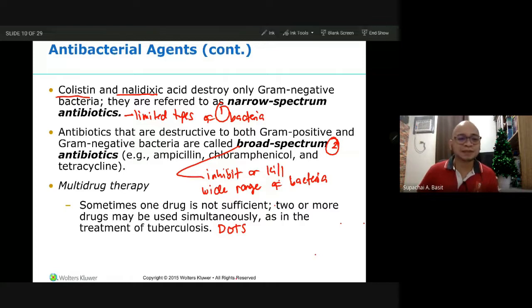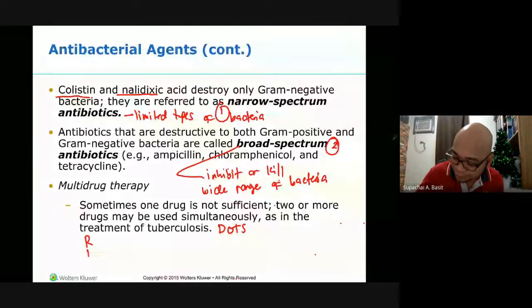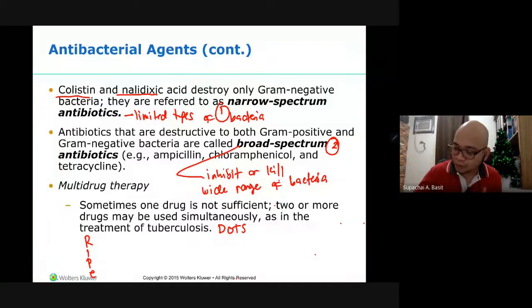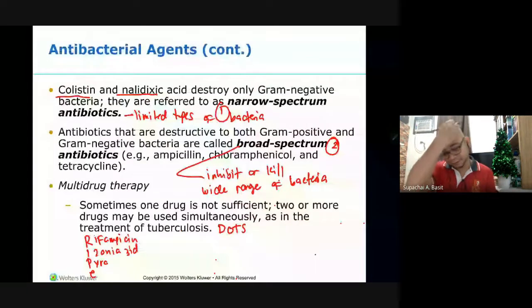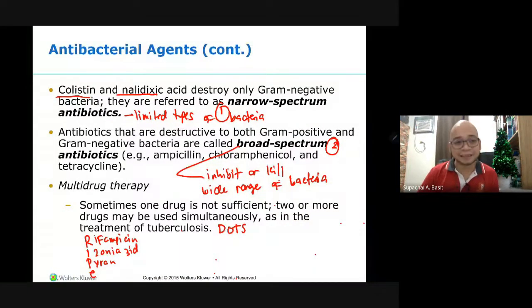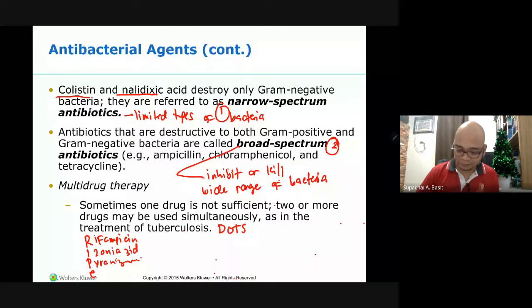What are the drugs that we use for the treatment of tuberculosis? Do not forget the acronym. We use rifampicin, isoniazid, pyrazinamide, and ethambutol.